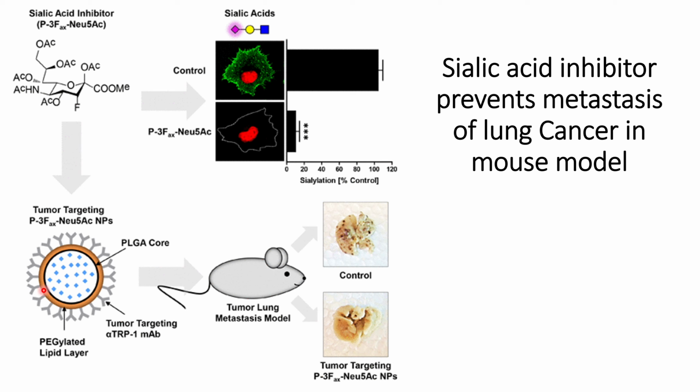It contains a PLGA core, and after that tumor targeting anti-TRP1 monoclonal antibodies are present, which will target the sialic acid present on the tumor cells, and these antibodies are expressed on this PEGylated lipid layer.